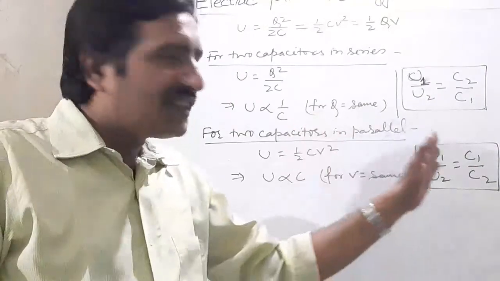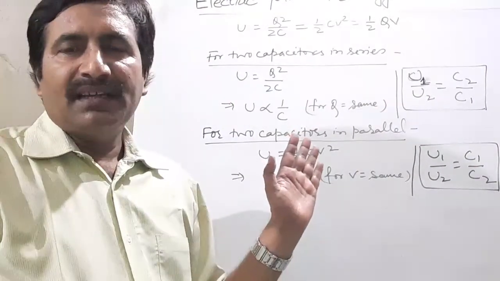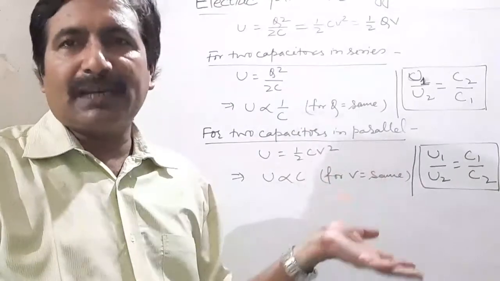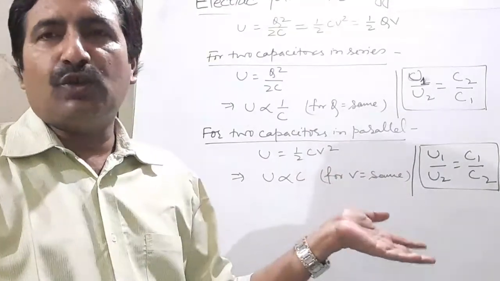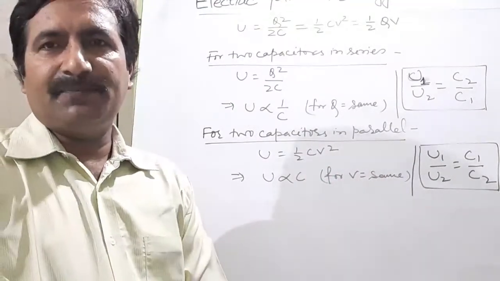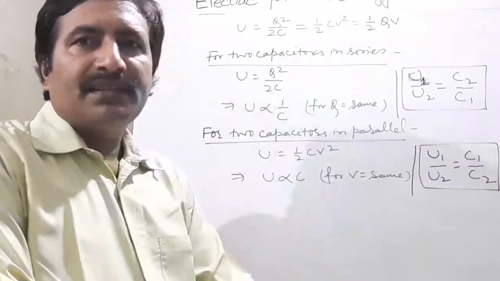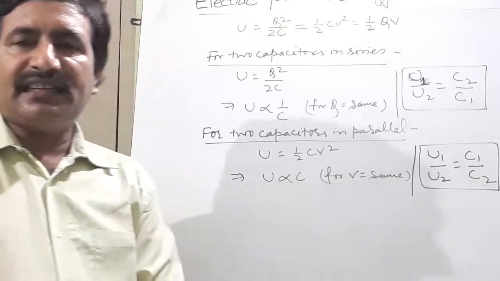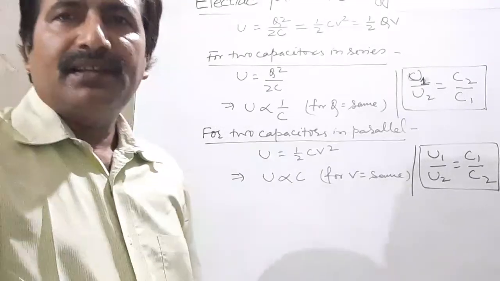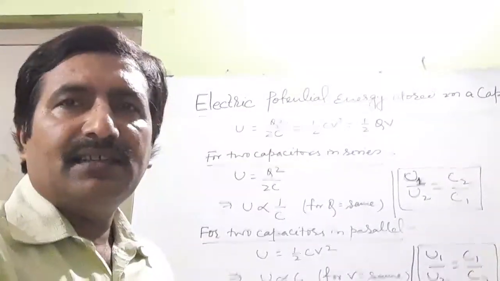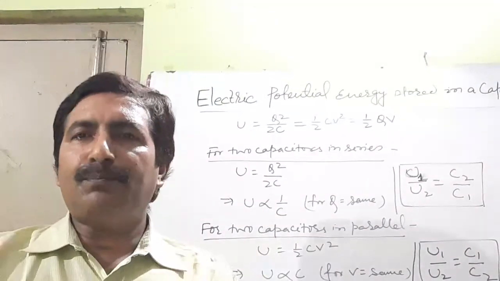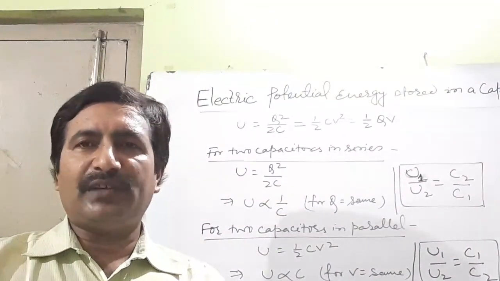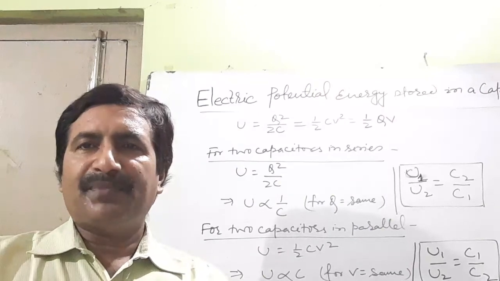And if the capacitors are connected in parallel, then the capacitor with more capacitance will store more potential energy. So these are the formulas related to electric potential energy stored in a capacitor. In the next class, we will discuss some more topics related to electrostatics.